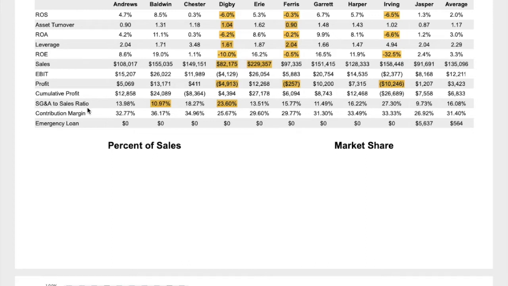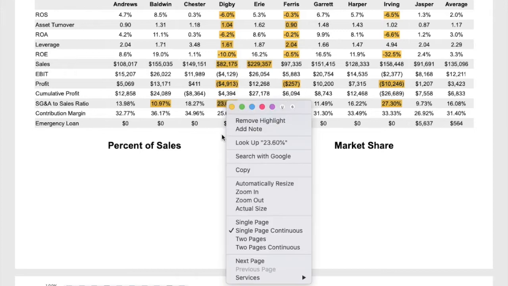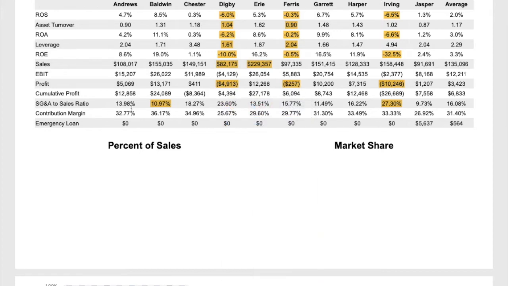Next, I want to point out the SG&A to sales ratio. I think I should highlight Irving as well. What is SG&A?